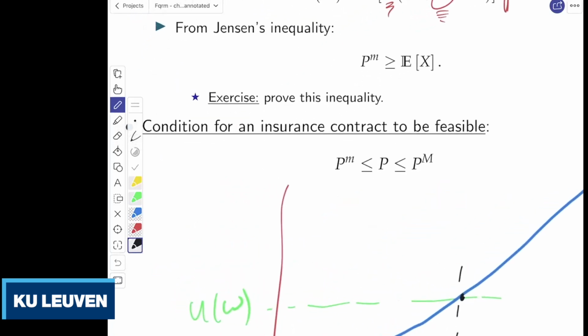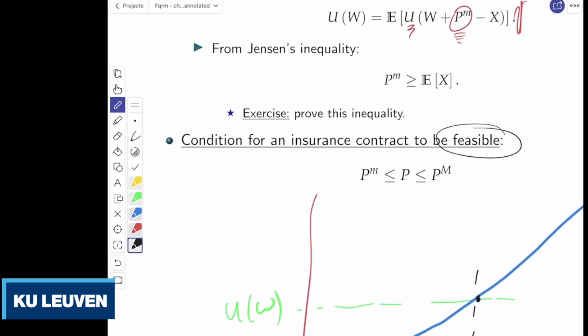And then we find that we have a feasible contract, meaning that both insurer and insured can improve their expected utility if we can find a premium P that is in between the minimal premium of the insurer and the maximal premium of the insured. If the minimal premium of the insurer exceeds the maximum premium of the insured, you cannot come to an agreement. If you set a premium, there's always one party that is not improving its utility, so it's not willing to enter the contract.